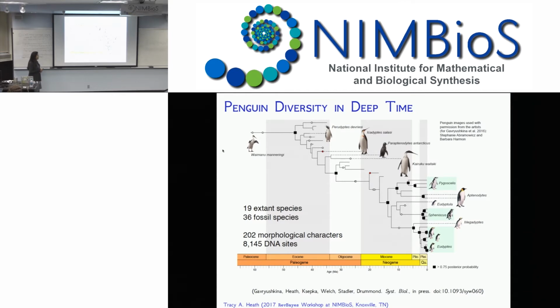And so we see a lot of the fossil penguins falling out on the stem, just like we've inferred previously by what Dan has done in his papers with parsimony and other approaches. So that's pretty consistent with previous studies.